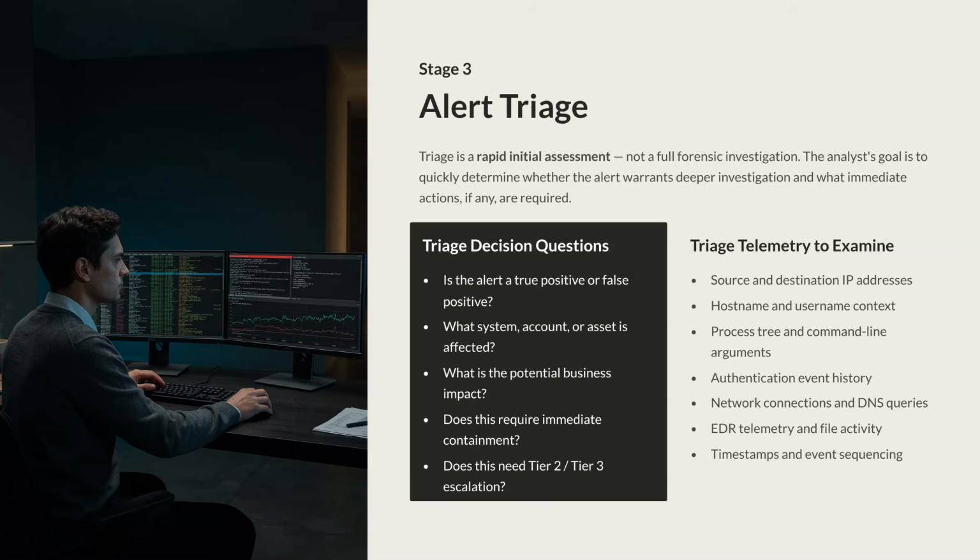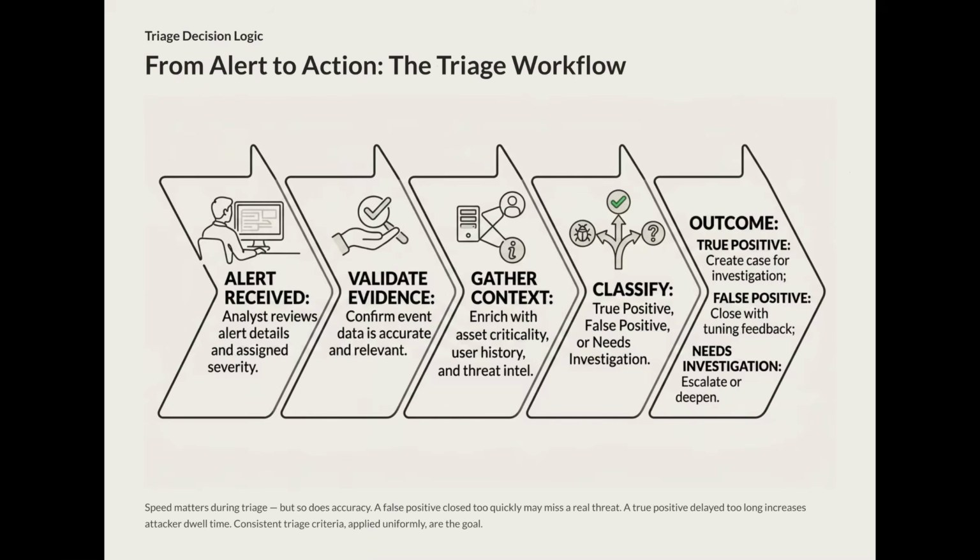Escalation can also happen simply because the investigation has moved beyond the analyst's authority or technical scope. The important thing is that escalation should follow defined criteria rather than depending entirely on whether an individual analyst personally feels that something looks serious.